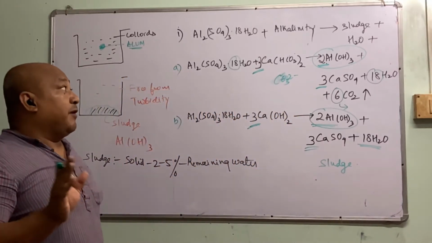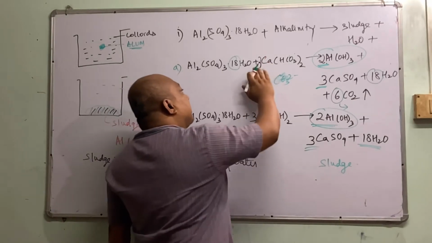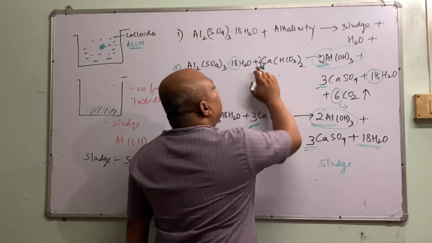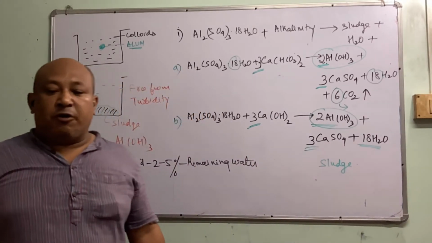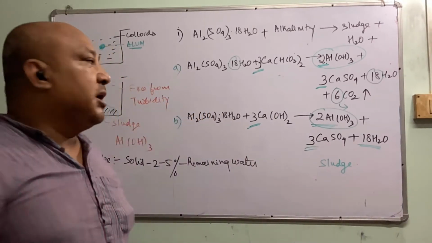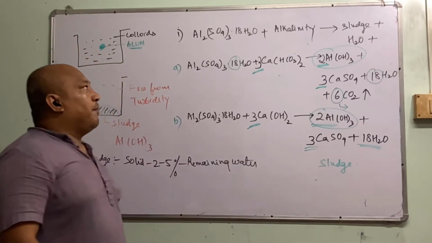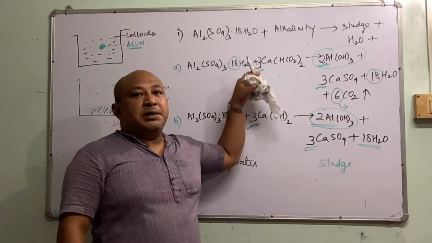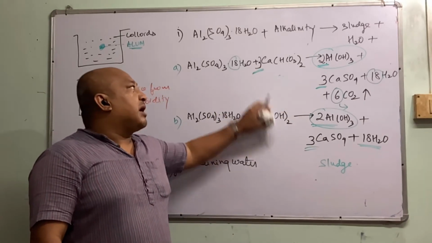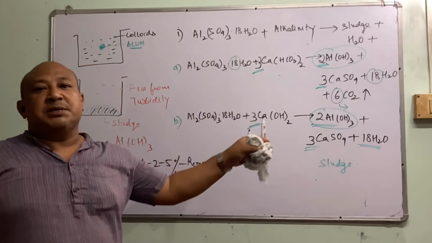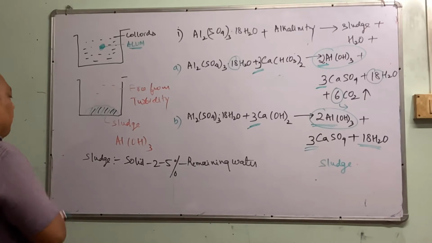But we are not very sure whether it is bicarbonate or simply carbonate, so rather we can use a simple equation to balance. If there is no evolution of any carbon dioxide, we can simply use this equation also. But if carbon dioxide is formed, that means it contains carbon in the alkalinity. So hydroxide is not predominant, but rather carbonate or bicarbonate are the predominant chemicals in the alkalinity.